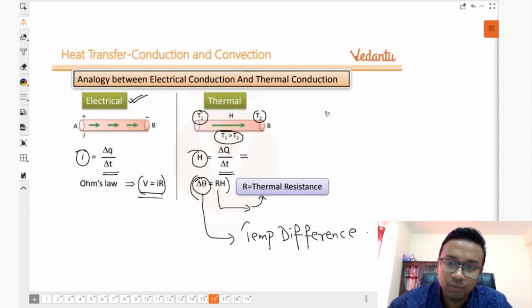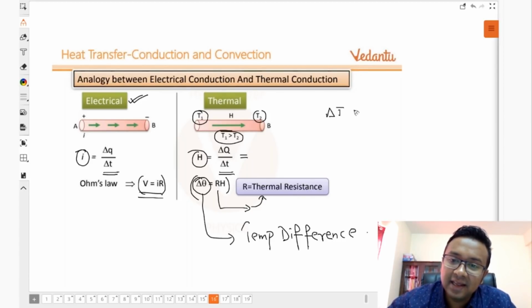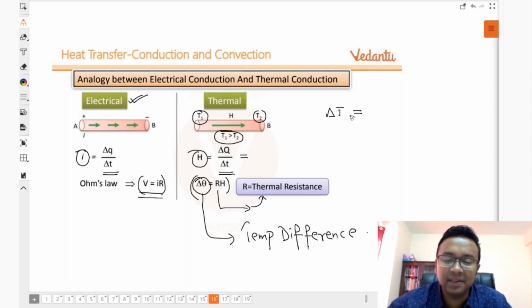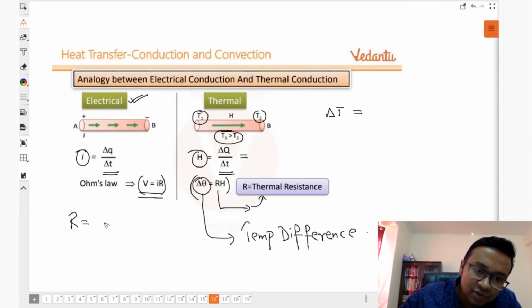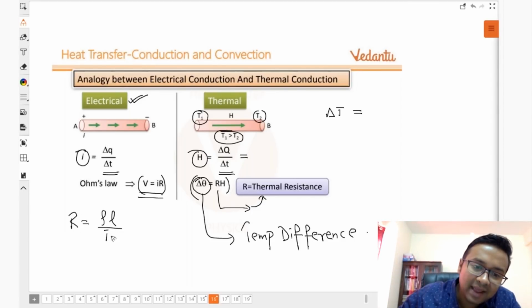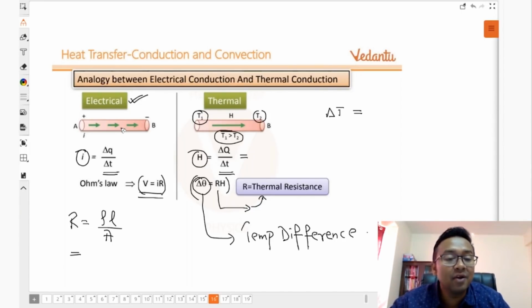What we're trying to prove here is delta T, the change in temperature. Instead of delta theta, we have taken delta T. Now we know R is equal to rho L by A, where rho is the resistivity of the material, or the electrical resistivity.